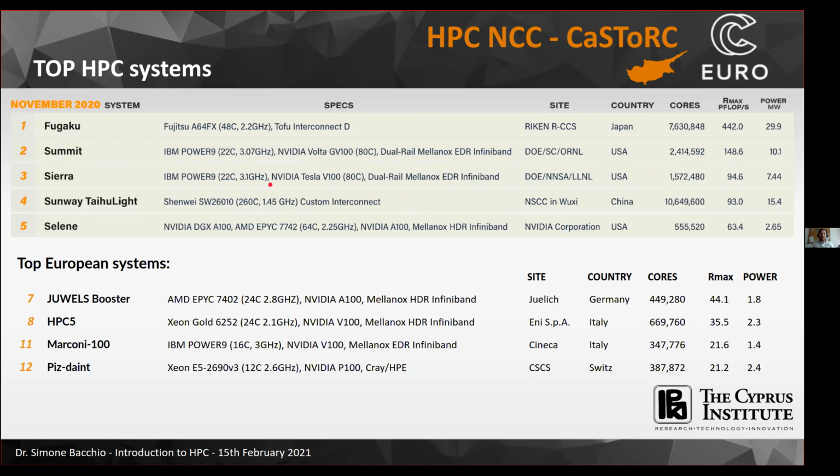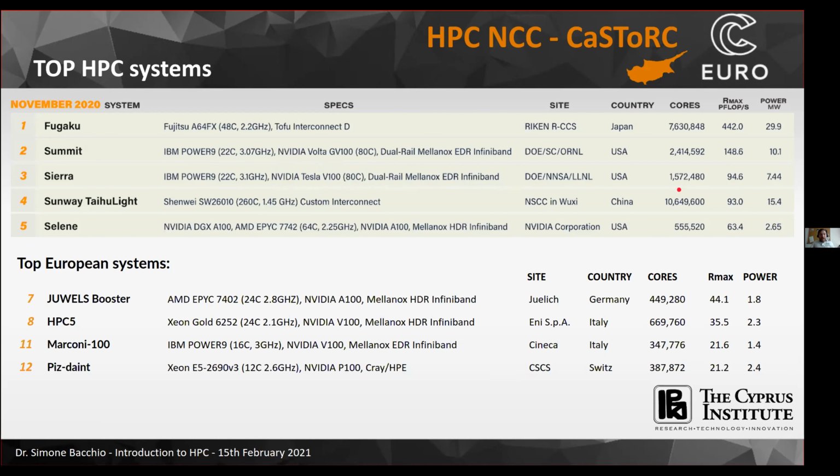Because this one is a hybrid system that has GPUs together with CPUs. And usually what happens in a hybrid system is that the CPU is not the top category. You see here, this single CPU has 260 cores, this one has only 22. But what one wants to exploit in a hybrid system is mostly the GPUs, which provide the most performance.